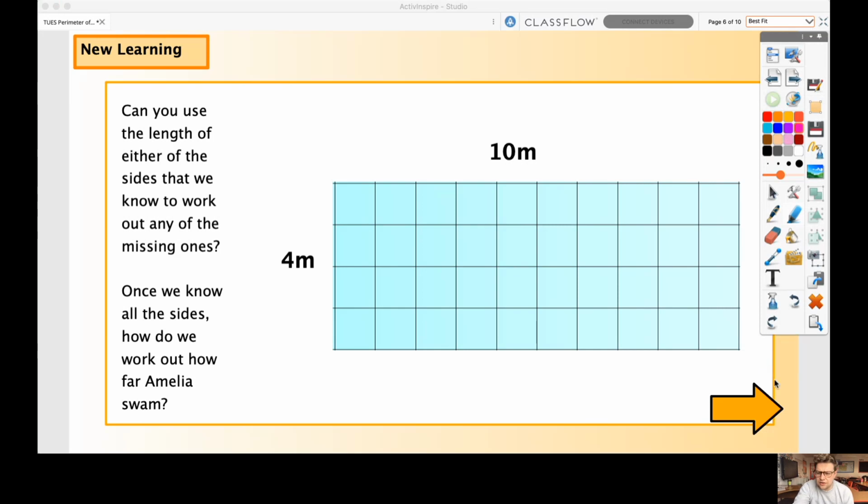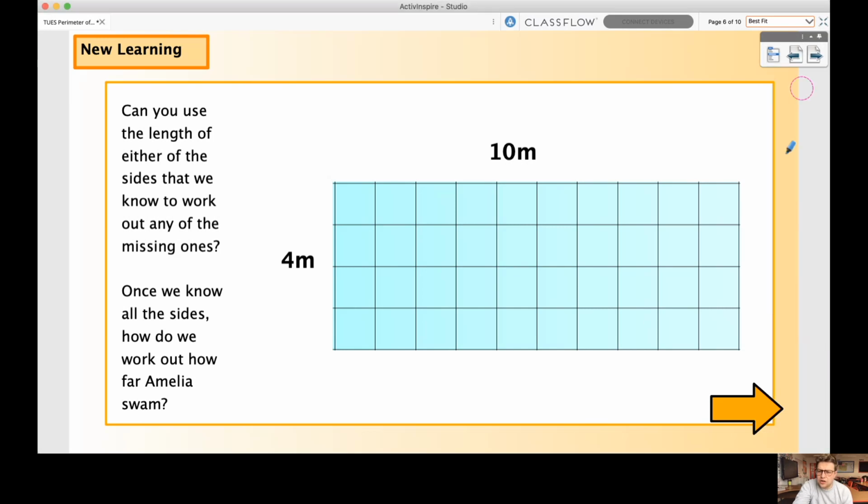I've got the length of the pool. So here's 10 meters the length, 4 meters the width. Now, I haven't got the length of this side or the width of this side. There's nothing there. Can I use any of my other sides to find out these missing ones? Have a think about it, and then we'll talk.